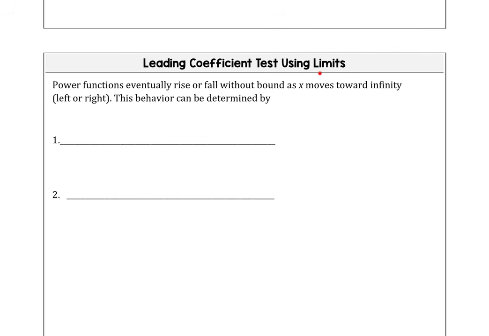Our leading coefficient test tells us that power functions eventually rise or fall without bound as x moves toward infinity, whether that's left, negative infinity, or right, positive infinity. This behavior can be determined by the degree, whether it's even or odd, and by the leading coefficient.